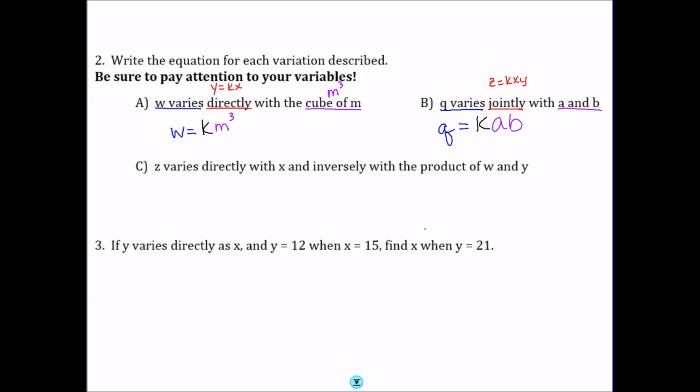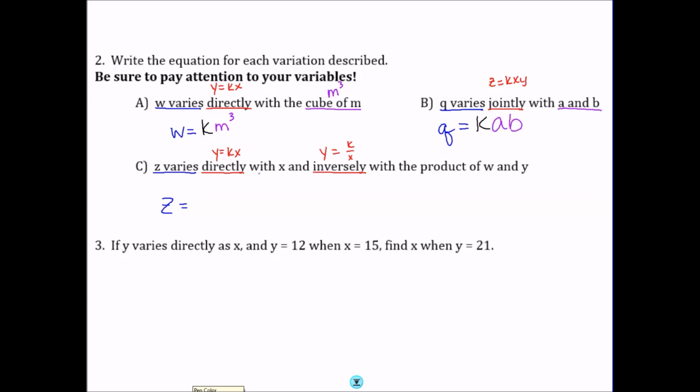Now, C is a little bit more complicated. Z varies directly with x and inversely with the product of w and y. So we have direct variation and inverse variation in the same problem. We know it says z varies, so we're going to have z equals. Remember that directly means k times x, and inversely means k divided by x.